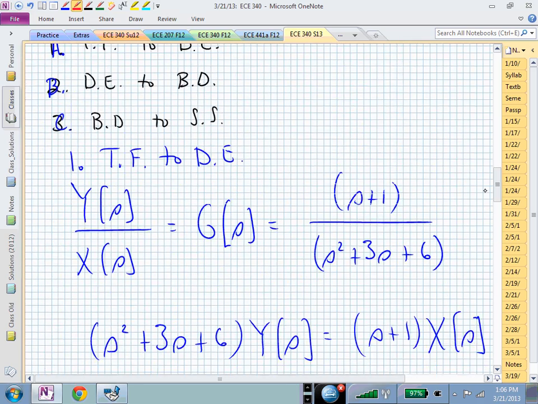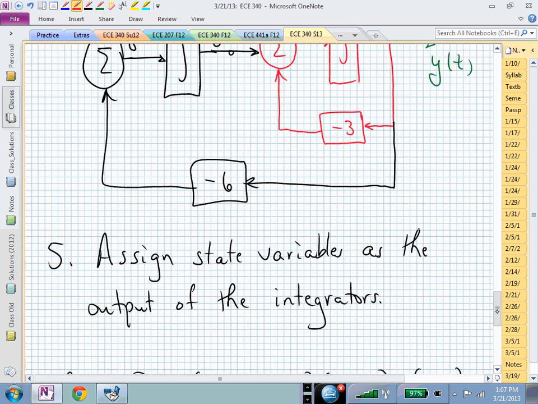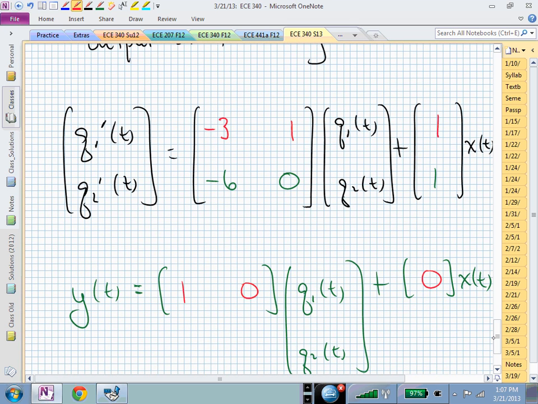Now, if you go back and start with this transfer function, you can actually see the 3 and the 6 appearing in your system matrix. They have a different sign, but here's the 3 and here's the 6 with a negative.